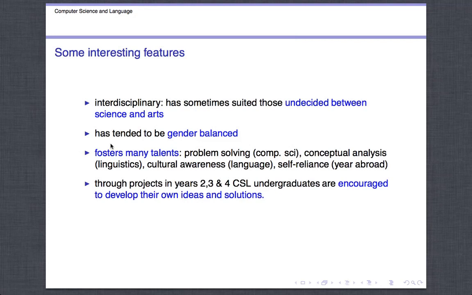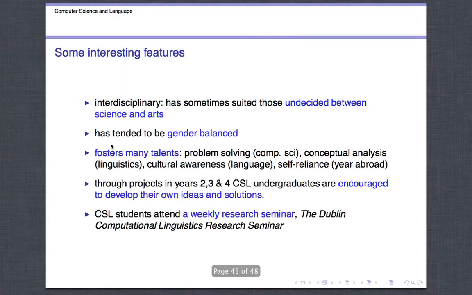There are quite a lot of self-created projects throughout the degree, so there's a substantial aspect of developing your own ideas and solutions.